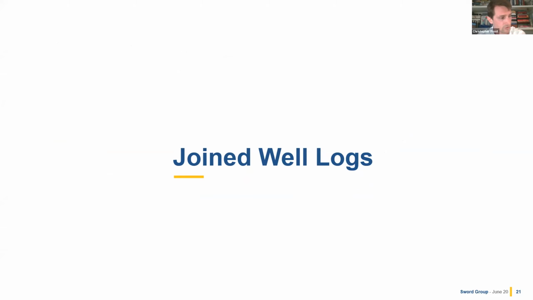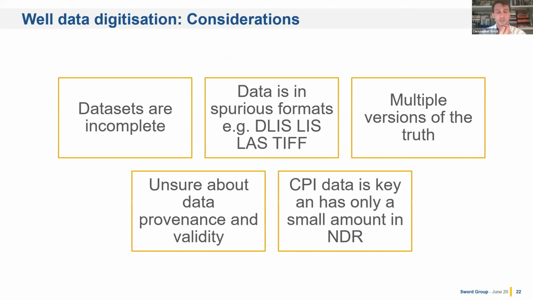The main part of the project, I guess, that the partners were bothered about when looking for missed pay was joined well logs. So the considerations that we had for this was that the data sets are incomplete in terms of whether JWLs are available for all the wells in the Northern North Sea or not, and even where a JWL is not available for a well, there may be data missing even from the wellbore itself.